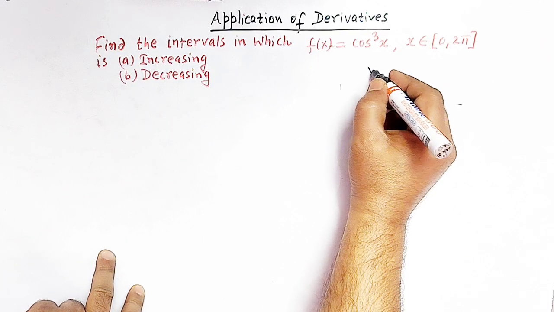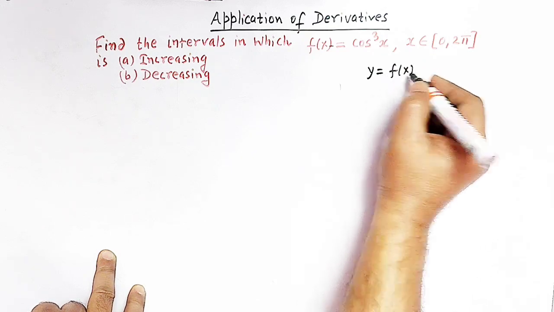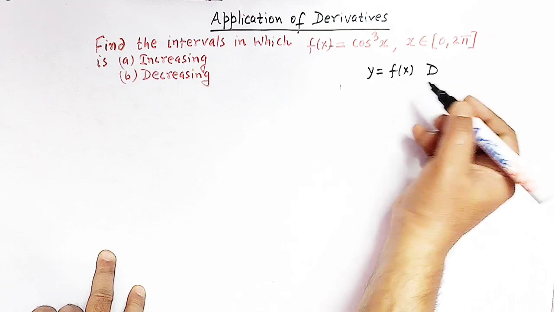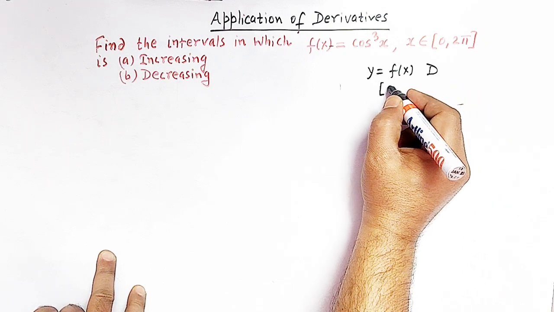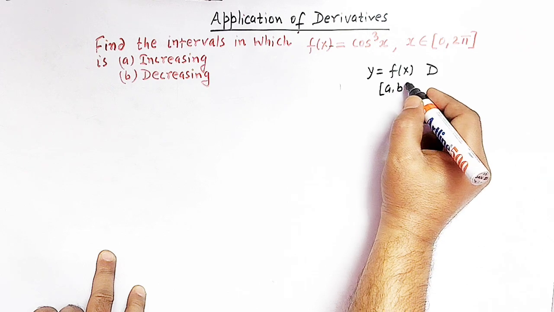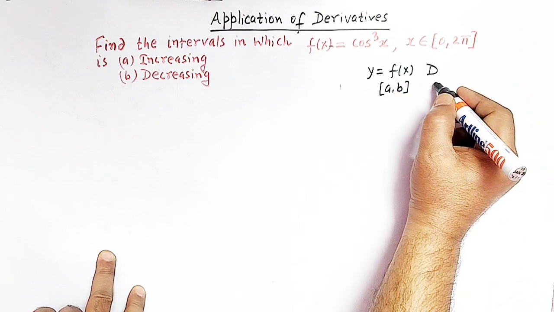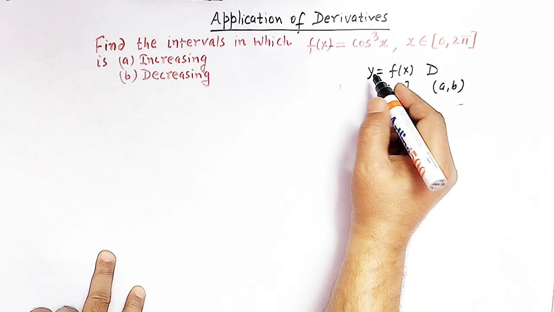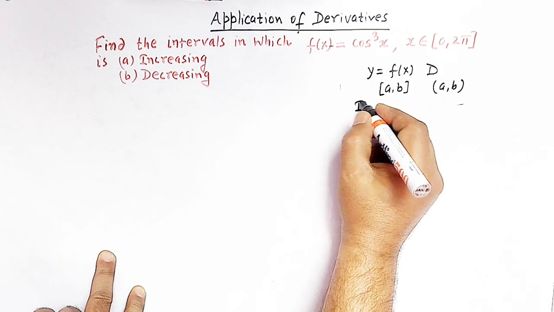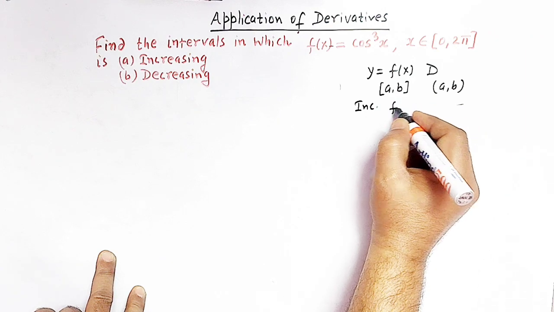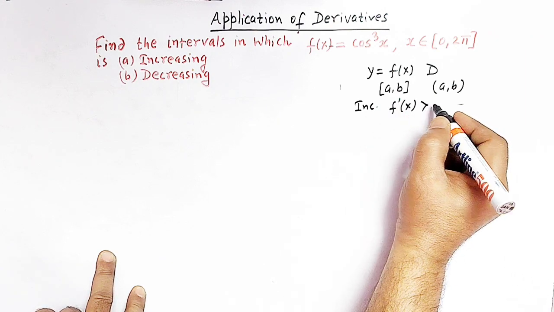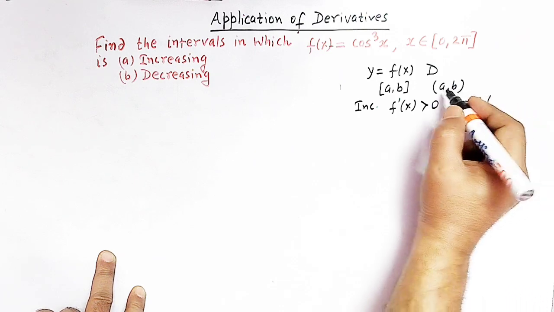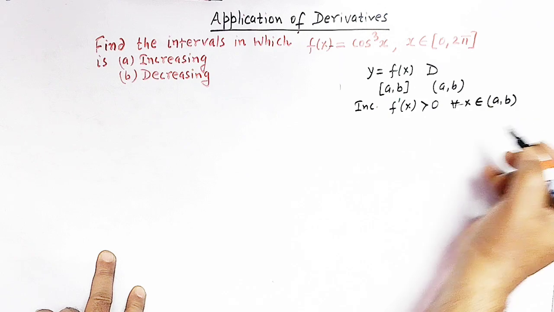Suppose we have a function, say y is equal to f of x, which is defined in some domain D. And if this function f of x is continuous in some interval, say a comma b, and it is derivable in the open interval a comma b, then this function is said to be an increasing function if the derivative, that is f prime of x, is greater than 0 for all x belonging to the interval a comma b.